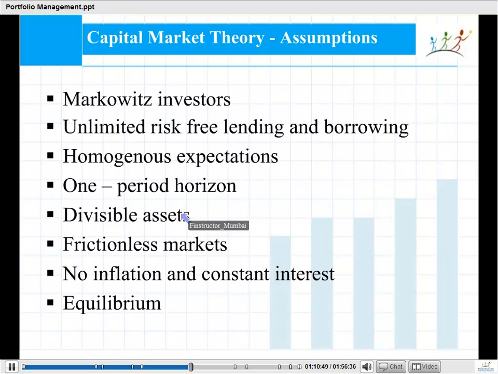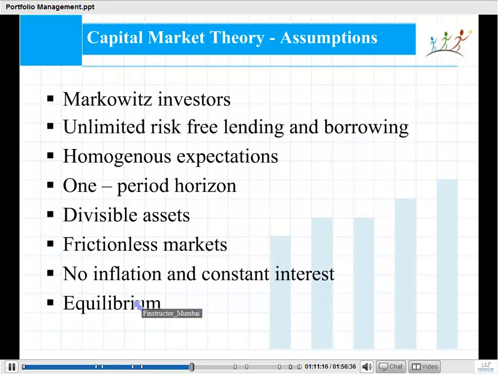Assets are infinitely divisible. Markets are frictionless. That is, there are no brokerage costs and no transaction costs. There is no inflation, and interest rates are constant. So the risk-free rate is constant, it's not varying. And markets are in equilibrium. It means all assets are fairly priced at the moment. There is no arbitrage opportunity. There is no undervaluation or overvaluation.